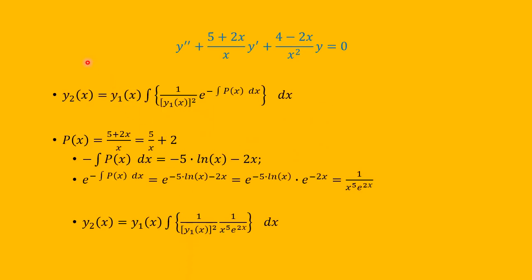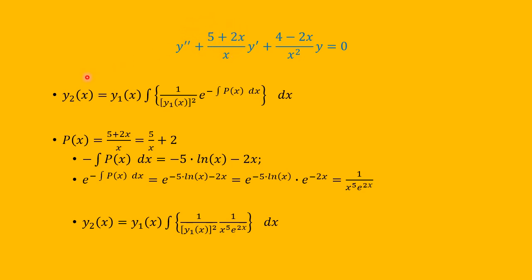So we need, in our particular example, to find y2 of x by using this formula. So we know that y1 of x is the solution that we got by looking at the Frobenius series. So we need to evaluate e to the minus integral p of x dx.